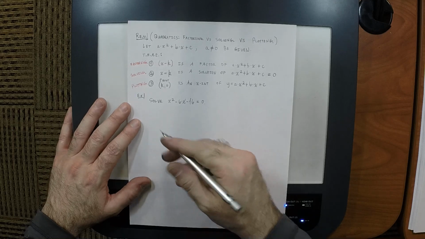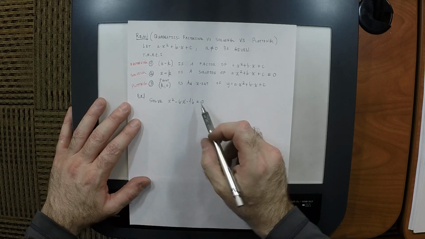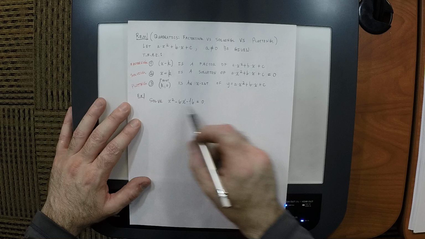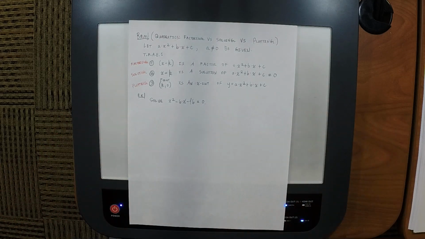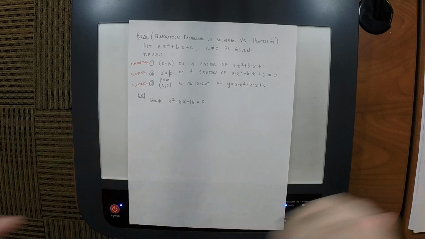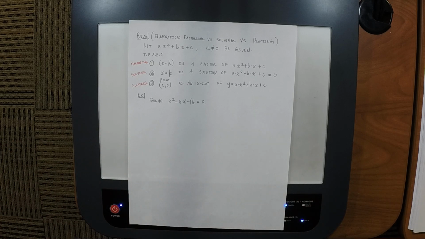And unlike the first page, where it said solve this quadratic equation by completing the square, this one doesn't say by completing the square. It doesn't specify a method, so you should use whatever method is most convenient.